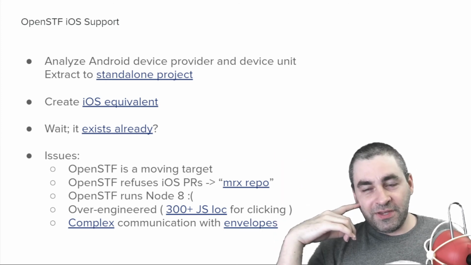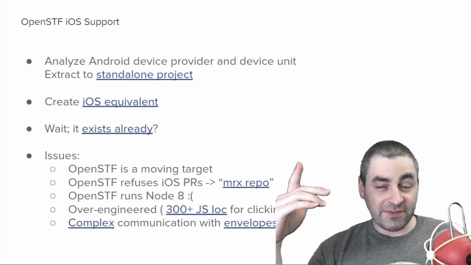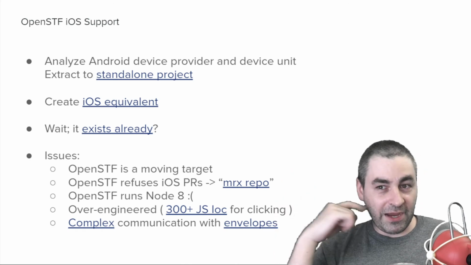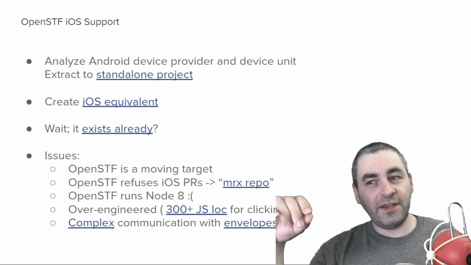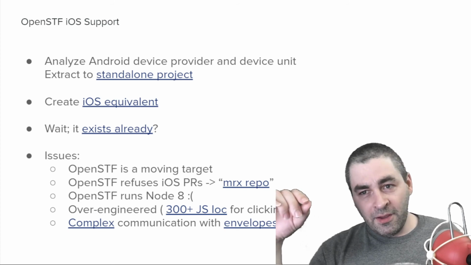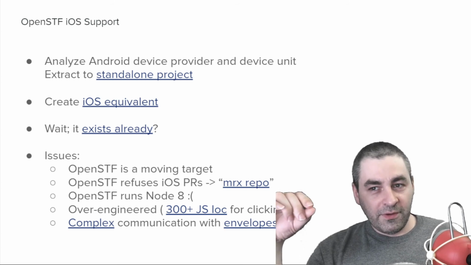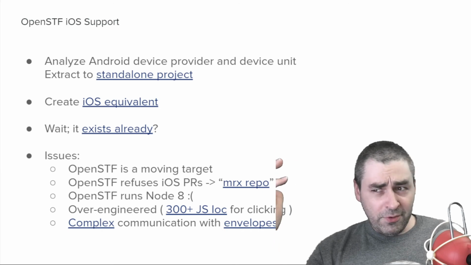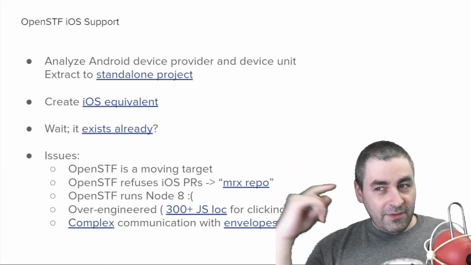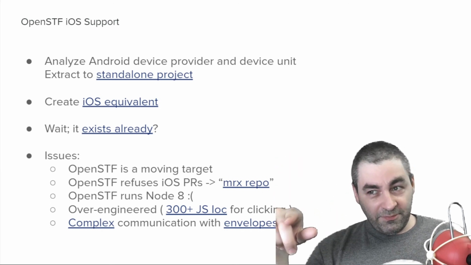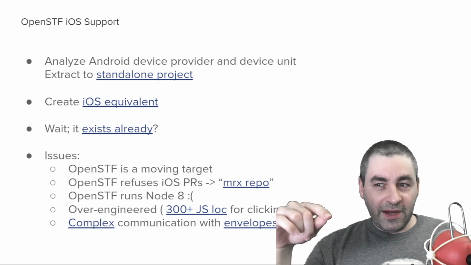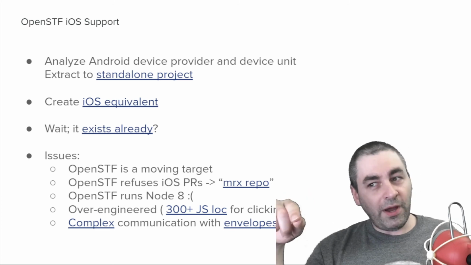Another issue with OpenSTF, and one of the reasons I moved away from it myself and completely rewrote ControlFloor from the ground up, is that OpenSTF runs Node 8. Node 8 is rather old. We're up to, I believe, Node 13 now. The last time I tried, I spent a lot of time upgrading the entire STF project to run on Node 12.